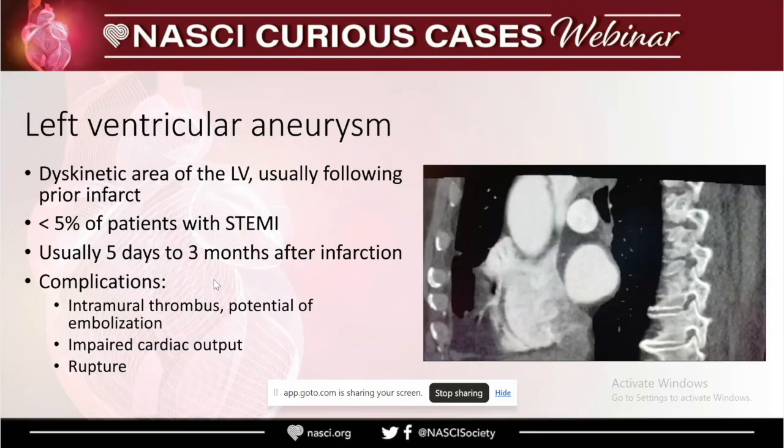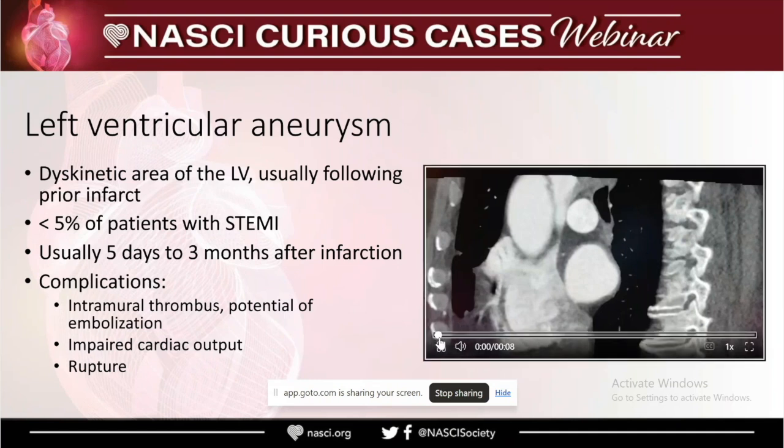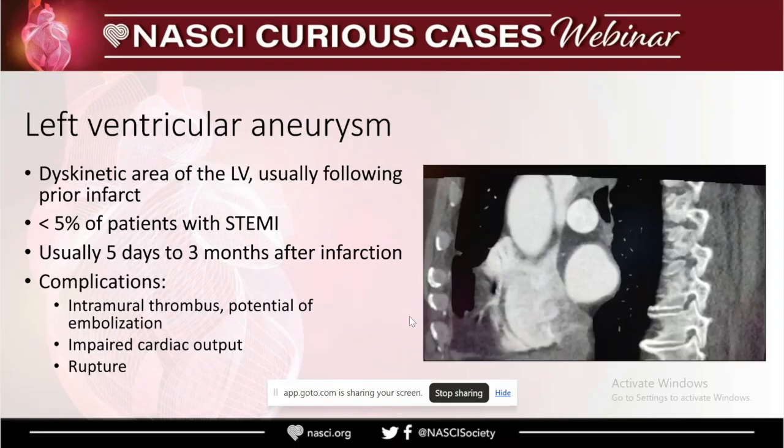So basically, the stroke volume can actually decrease. And of course, that part can rupture. And I want you to look at this clip and see how it looks in real life. Give me 1 second. Sometimes it's 1 second.